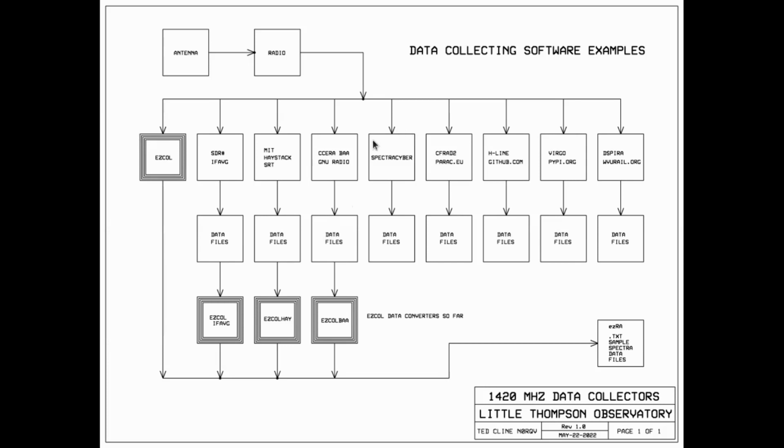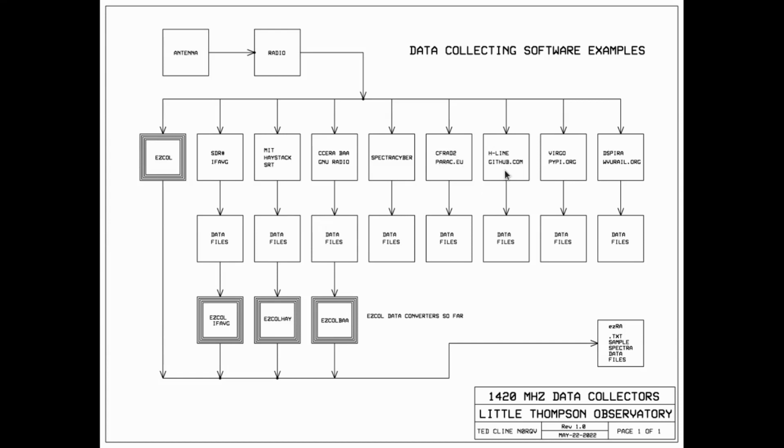There is a hardware company that used to produce boxes that took in 1420 megahertz radio energy and convert it to a serial port out the back to talk to a PC that could write data files. Parac.edu has a program with CFRAD2 that writes data files.